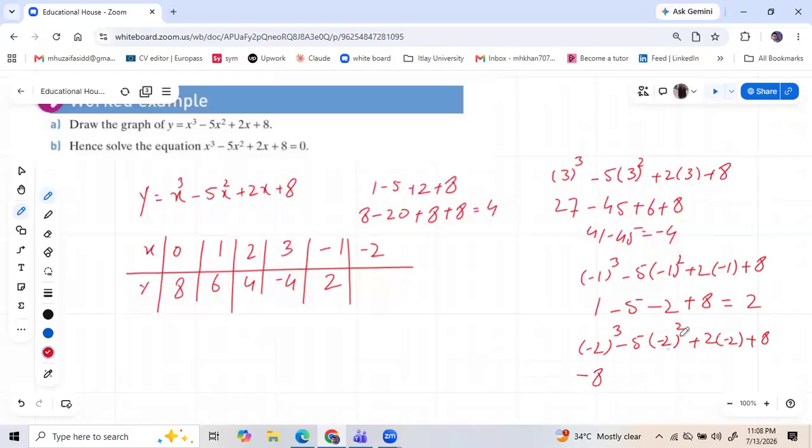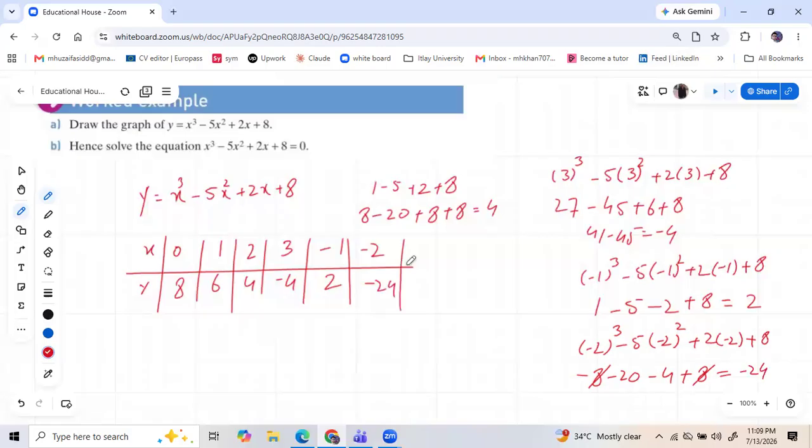And minus 2 square is plus 4, but multiplied by minus 5, this is minus 20. And this is minus 4. This is plus 8. Look at it here. The plus 8 and minus 8 cancel each other. So this gives us minus 24.